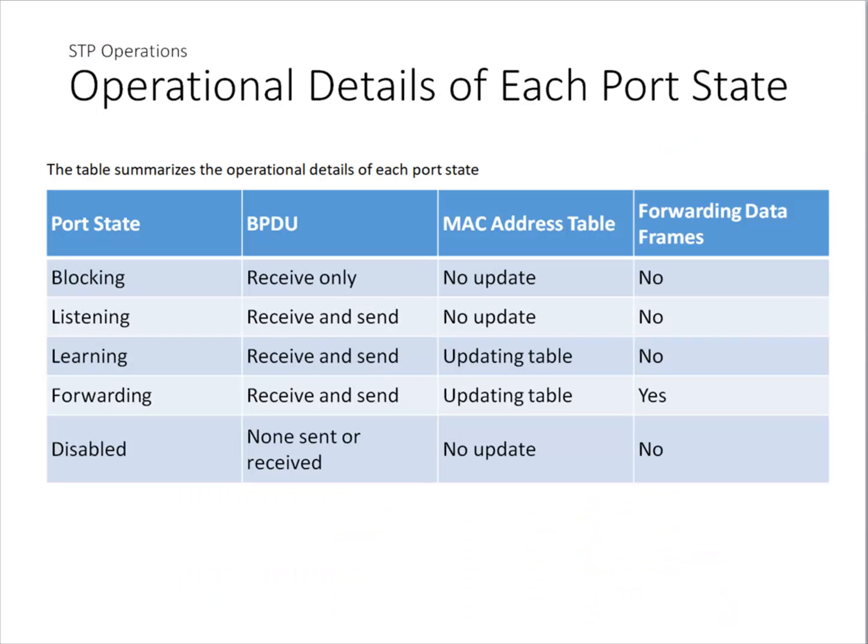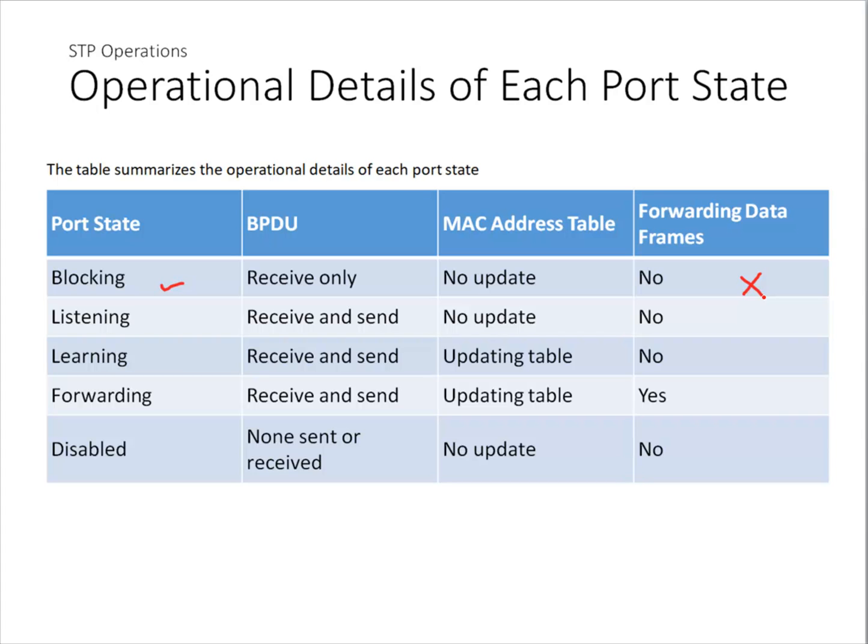Then in each state we are going for the operational details. What is going to happen? Suppose your port is in the blocking state. Blocking state means forwarding data frames is not possible. It cannot forward any data frames. This is what we saw in the STP protocol, the last step: it is going to block a particular port.